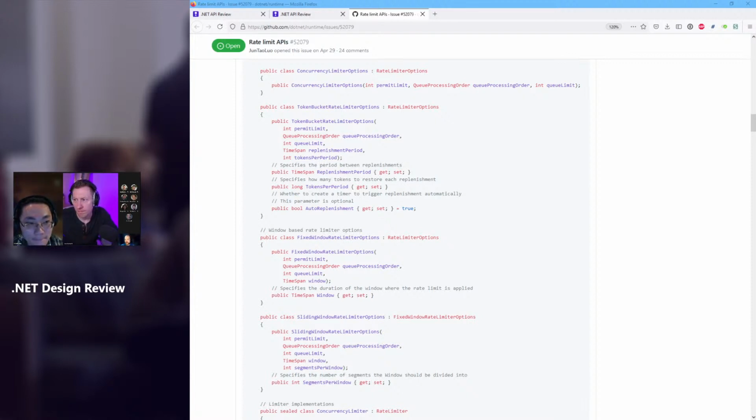All right, so we're making all the options types sealed, or at the very least, the ones that don't work well with mutation once the limiter has been created should be sealed with no setters. Right? You construct the limiter options, and after that point, the values don't change.